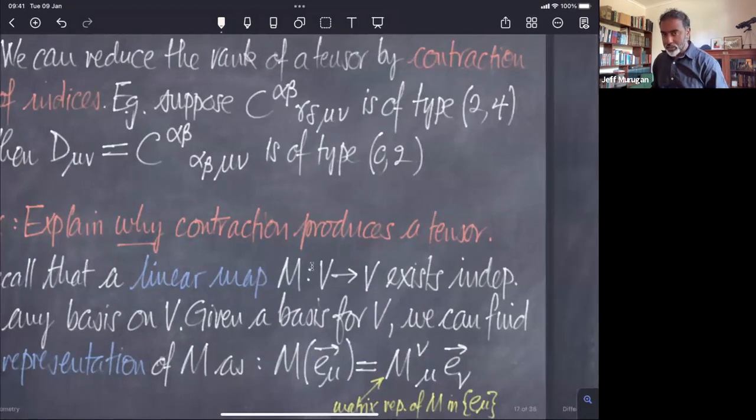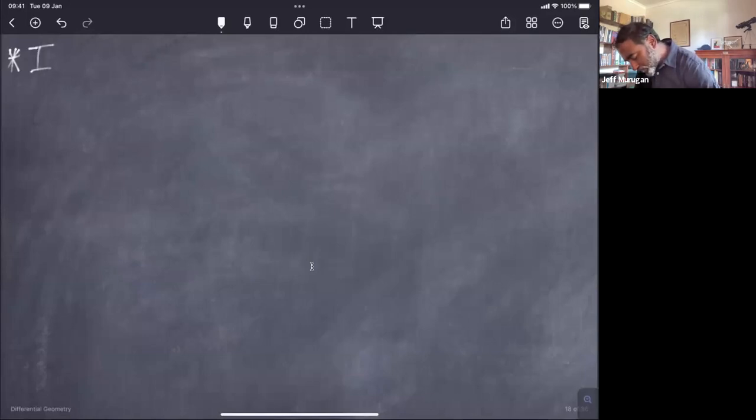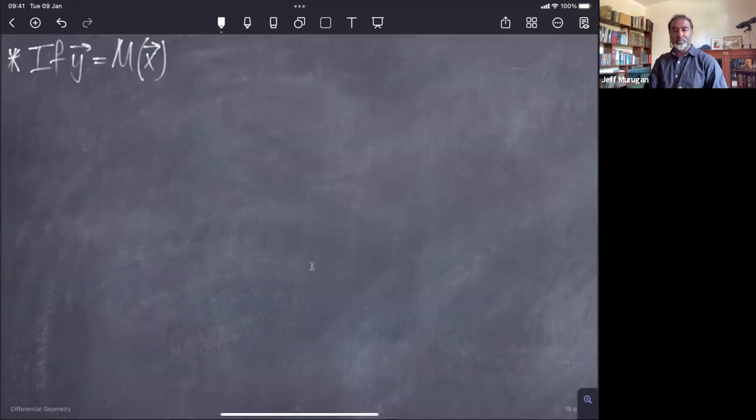So towards that end, firstly, let's try and understand what happens when I act on vectors. I told you what happens when I act on basis elements. So what happens when I act on vectors? Suppose the vector y I get by taking the vector x in V and acting on it with this map M. I'd like to understand how the components of y and the components of x are related. Okay, it's going to be important in a little bit.